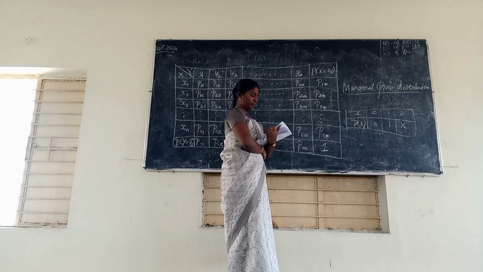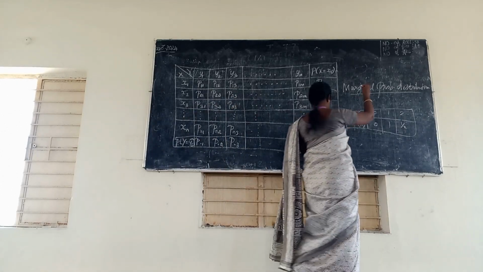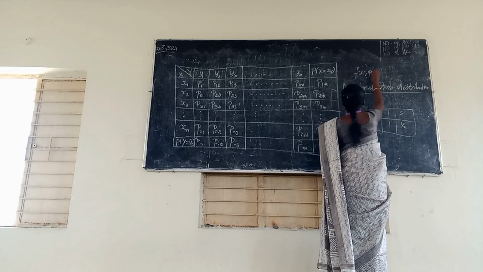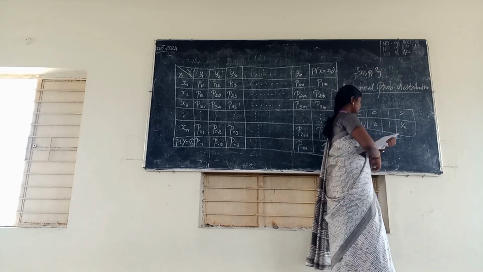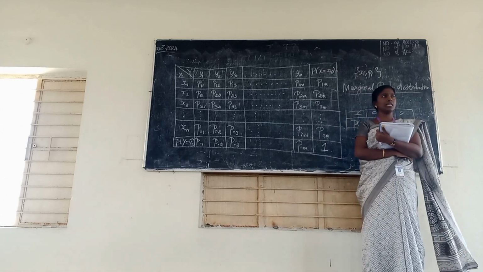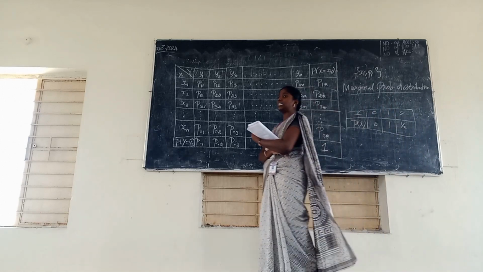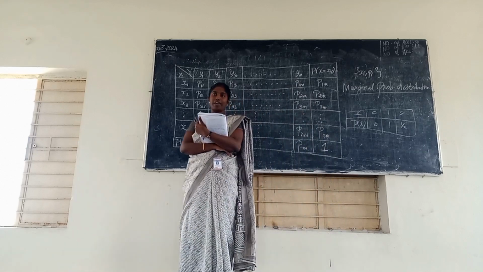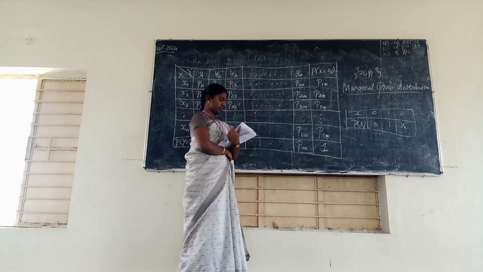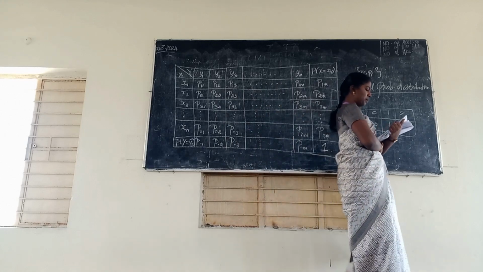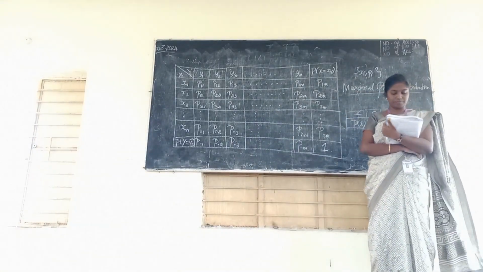Full stop. The set xi comma pi is called the marginal probability distribution of x.